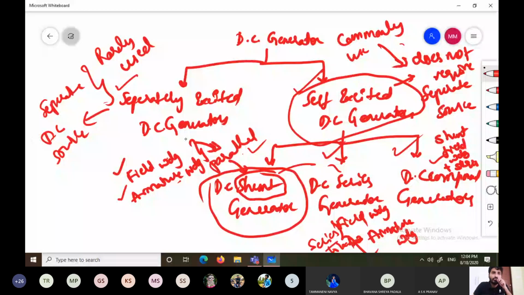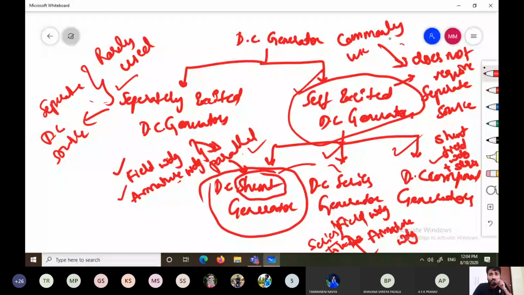That means the field winding is excited with a separate DC source. As it requires a separate DC source, the cost is very high. It requires a separate battery, so it is rarely used. Coming to self-excited DC generators, it doesn't require a separate DC source, so it is commonly used.